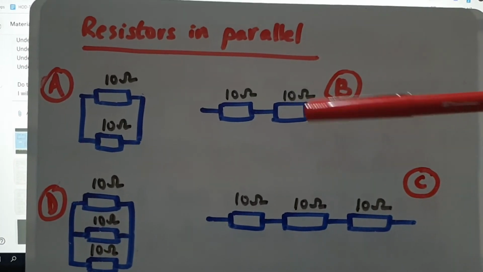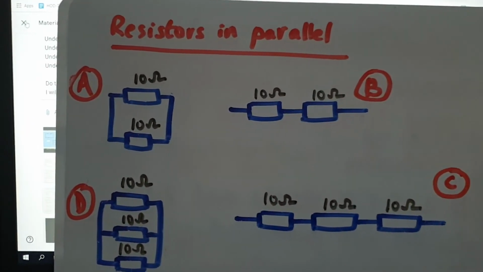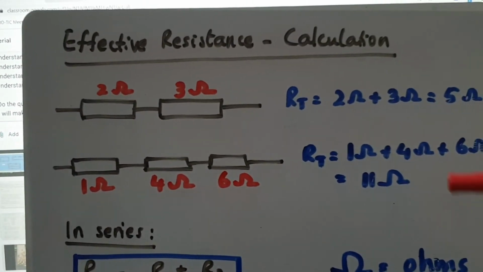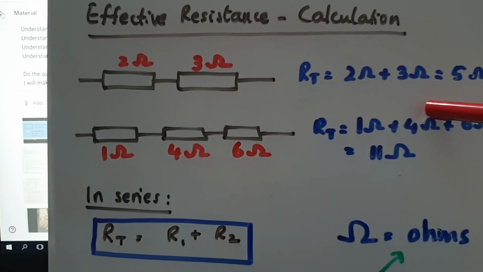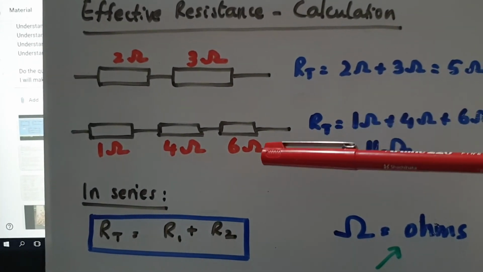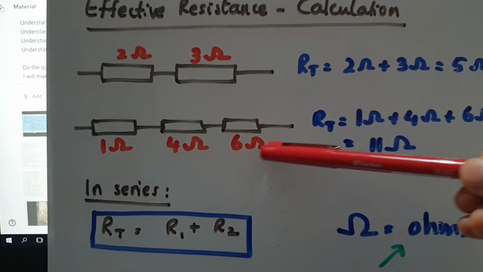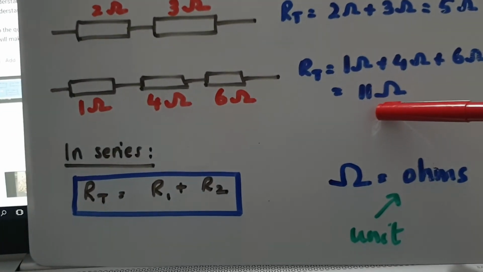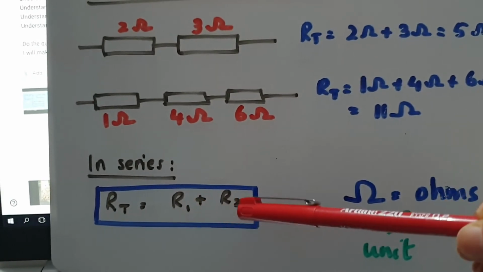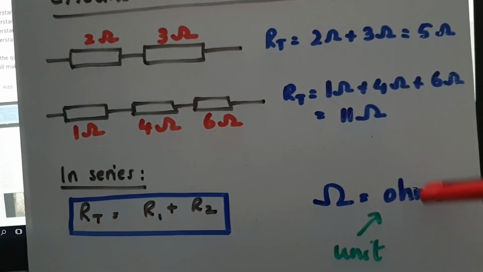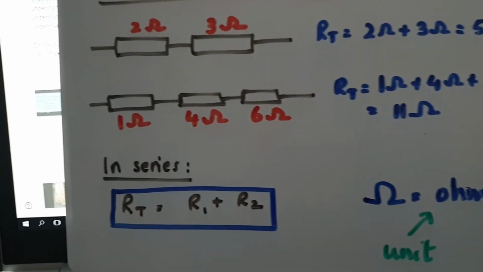So in these two, the total resistance, sorry, I've got the wrong sheet here. Here we go. So the total resistance is 2 ohms plus 3 ohms, which is 5 ohms. And that's a symbol for ohms. For this one, you just add up the numbers, and that's your total resistance. So the formula is total resistance, RT, is R1 plus R2. And it's measured in ohms.